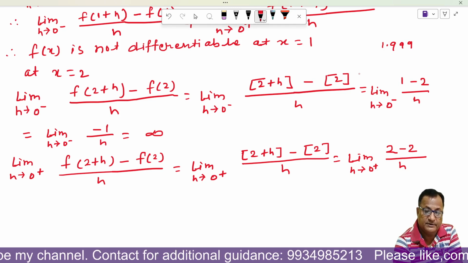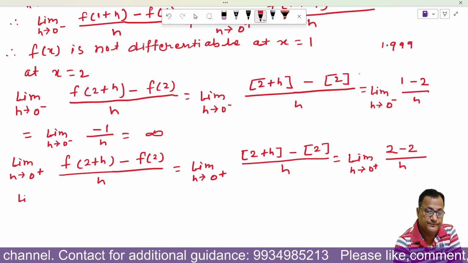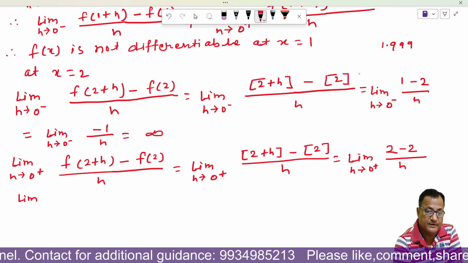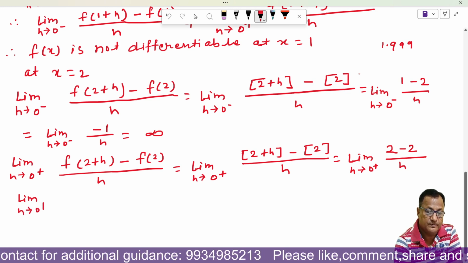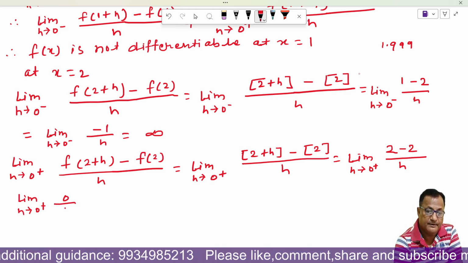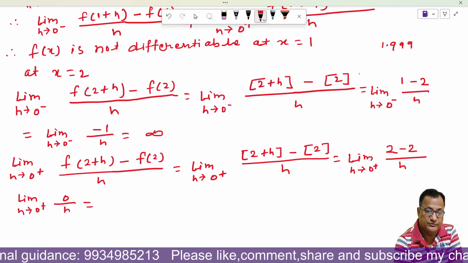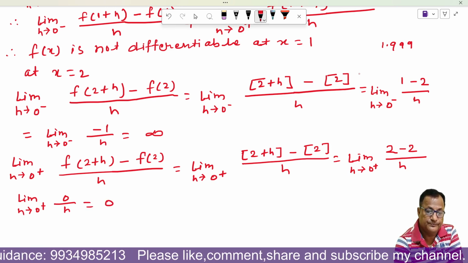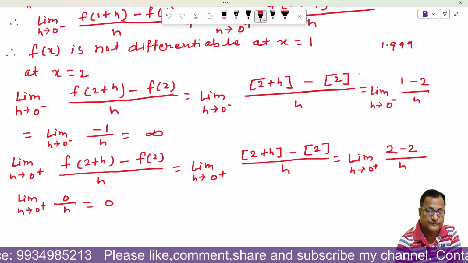So this will be limit h tends to 0 plus, 0 by h. So this will be 0.